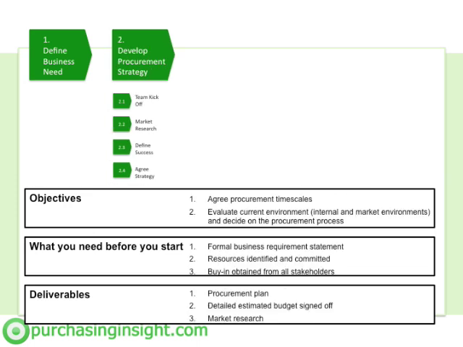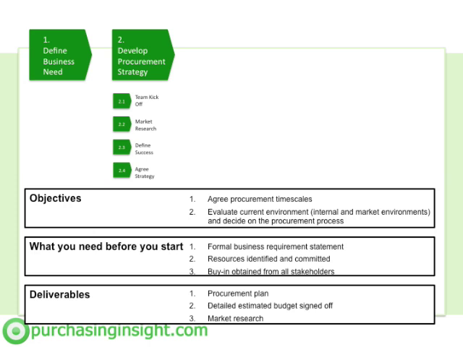Stage 2, develop the procurement strategy. The objectives of this stage are to understand the procurement timescales and to evaluate the current environment. That's the internal environment and the market environment, so that you can develop the most appropriate approach. Before you start this stage, you need to ensure that you've completed the previous stage and that you have a formal business requirement statement.